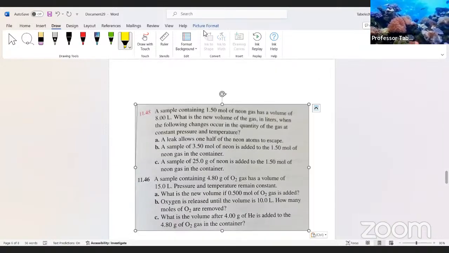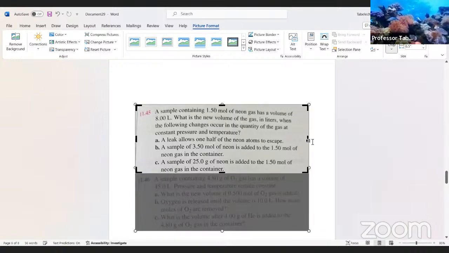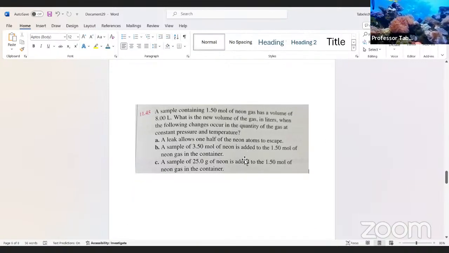So let me go ahead and cut this out or crop it so that you're only focused on certain parts of this problem, okay? So we're going to look at problem 14.5. Let's do B, okay? 14.5B.